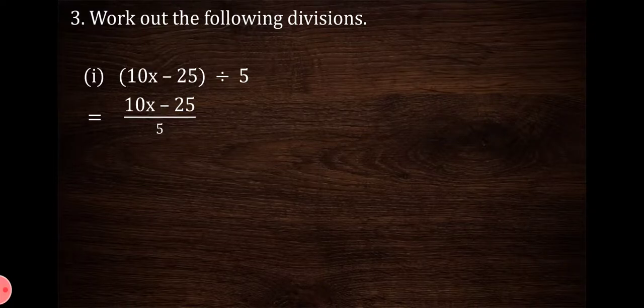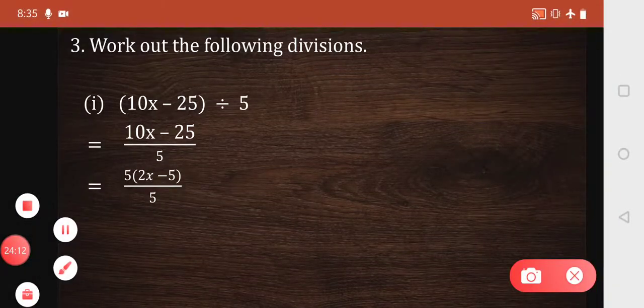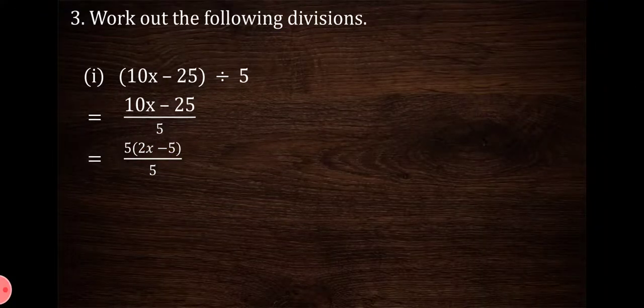So we will get 5 as common into 2x minus 5. Here we take out 5 common, so 5 2s are 10, x as it is, and 5 5s are 25, middle sign minus as it is. After taking out common, we can cut this 5 of the numerator with the 5 of the denominator. So we will be left with 2x minus 5.